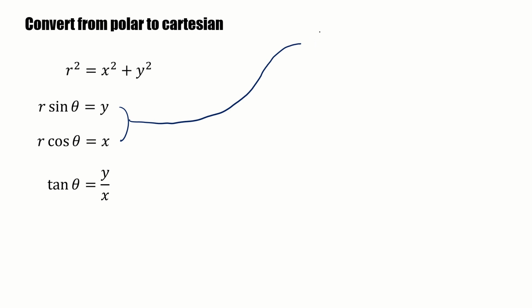For instance, you could replace sine theta with y over r. Now, as I've already said, this is a less preferable conversion than the other ones, because we're replacing theta, which is good, that's one polar variable gone, but we're replacing it in terms of a thing that still has another different polar variable in.